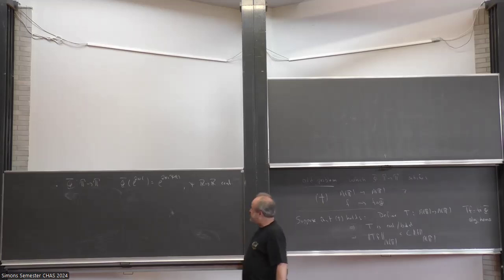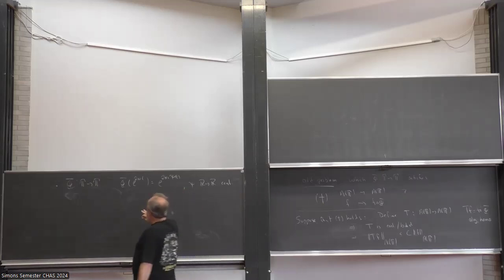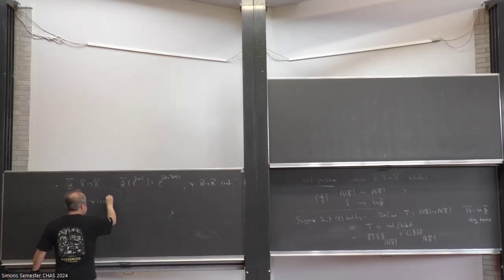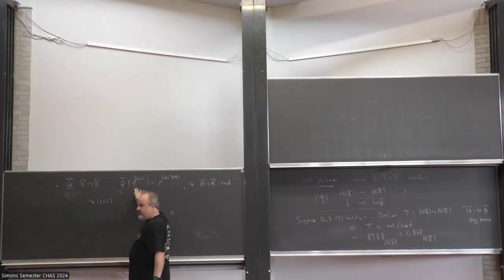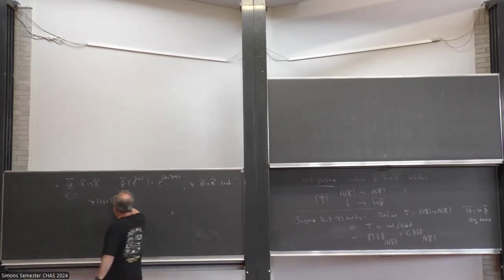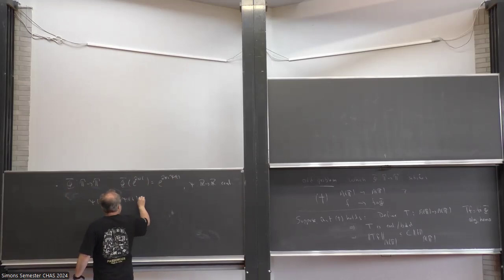Now, what does psi have to look like? If I replace t with t plus 1, the point on the circle doesn't change. Therefore psi of t plus 1 has to differ from psi of t by an integer.